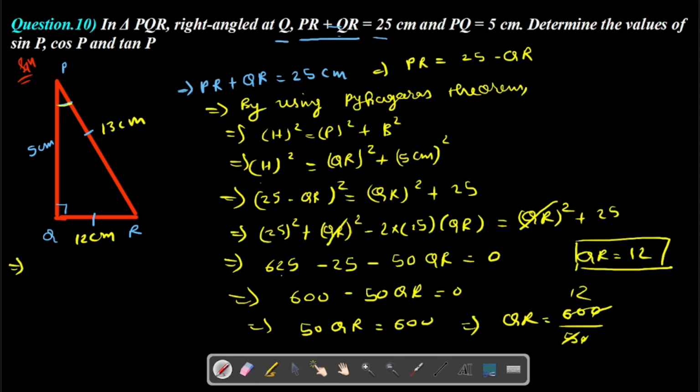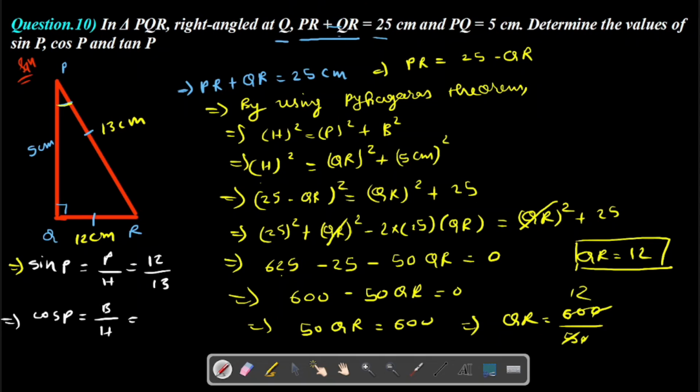The first value, sin P, is equal to perpendicular upon hypotenuse. So here the perpendicular for P is QR, which is 12 centimeters. So 12 upon hypotenuse 13, so 12 by 13. Similarly, for cos P, we have the formula base upon hypotenuse.